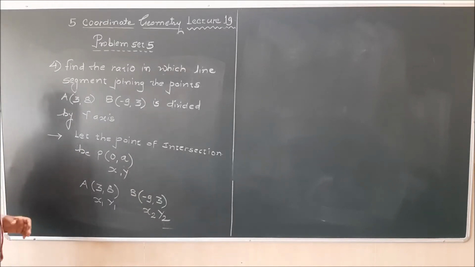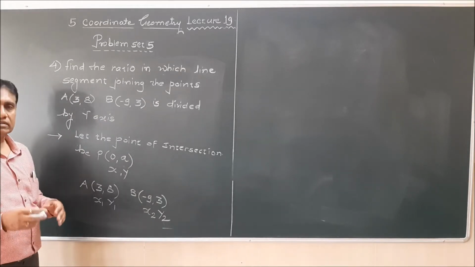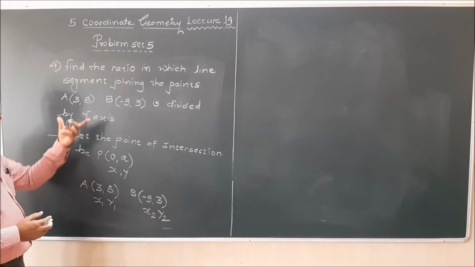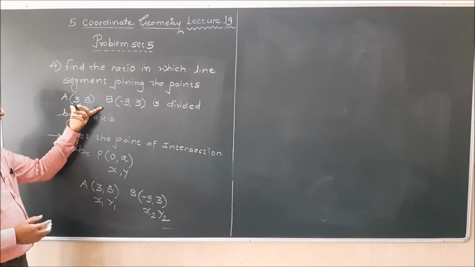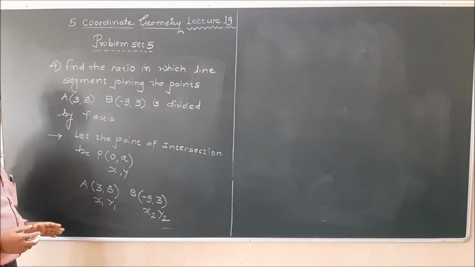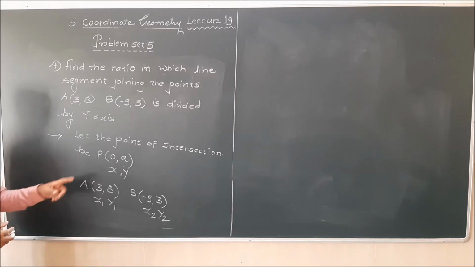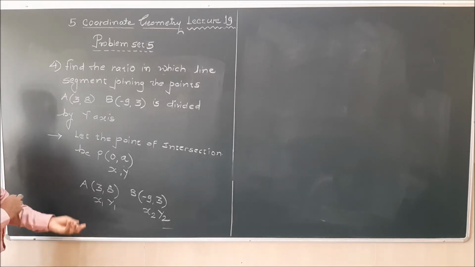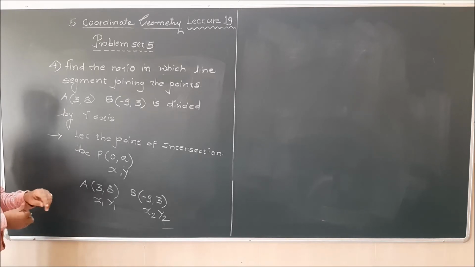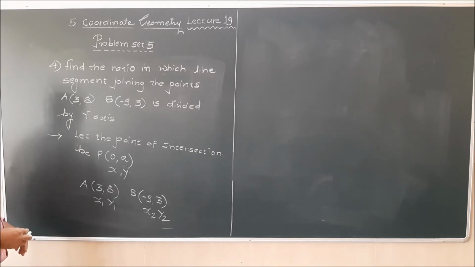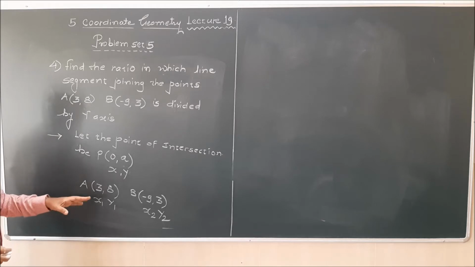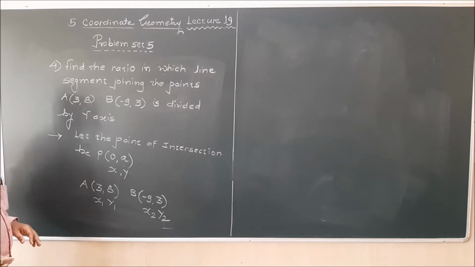I repeat again, the given point of intersection of the segment joining A and B is lying on the y-axis. Since that point is lying on the y-axis, you all know that its x-coordinate is 0. So we will get it as (0, a). I label that point as (x, y), A as x1, y1, B as x2, y2.